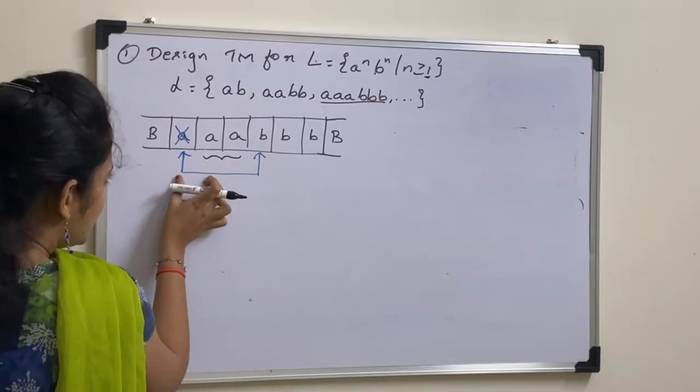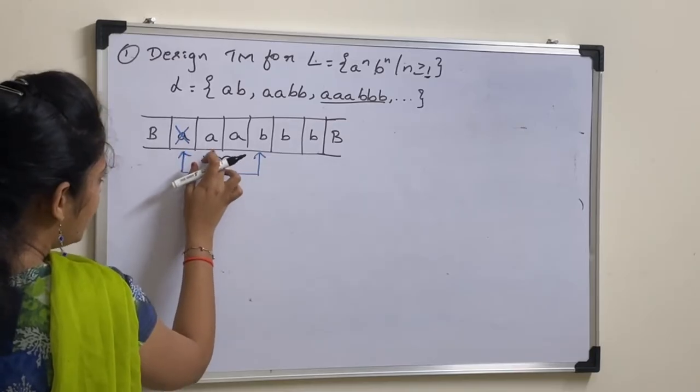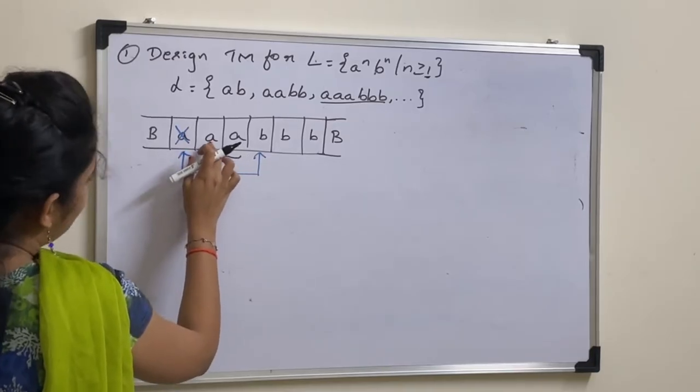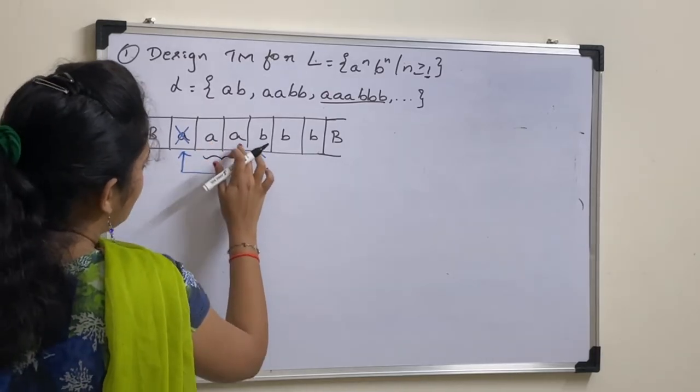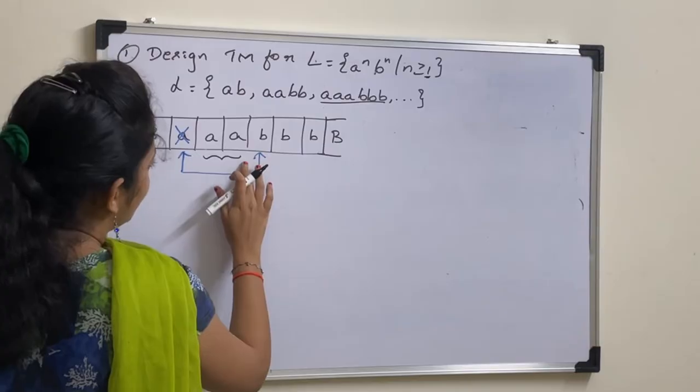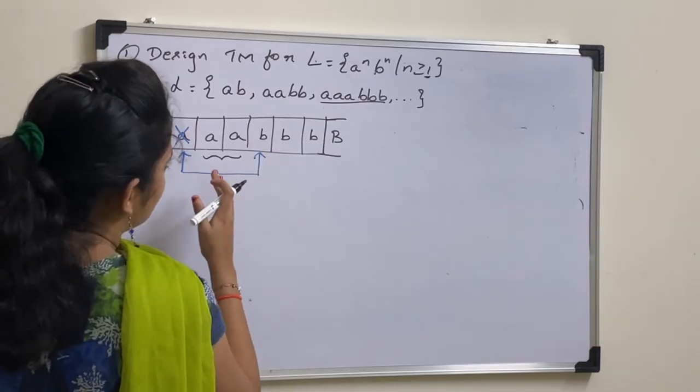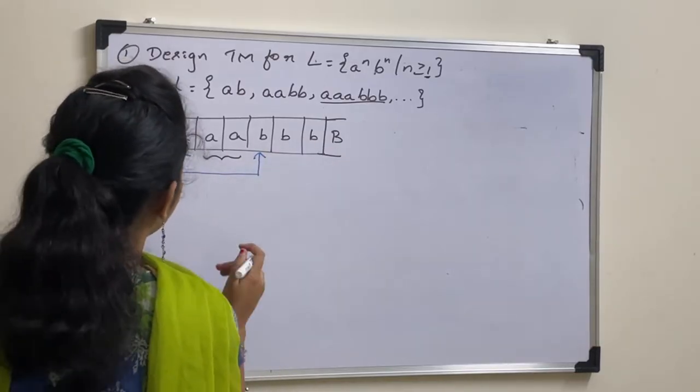So move one position to right, read this A, and don't perform any operation. Similarly, move one position to right, read the second A, perform nothing, and then move to B.